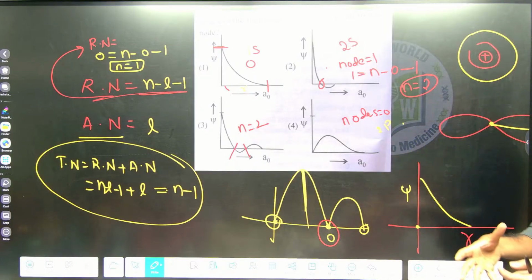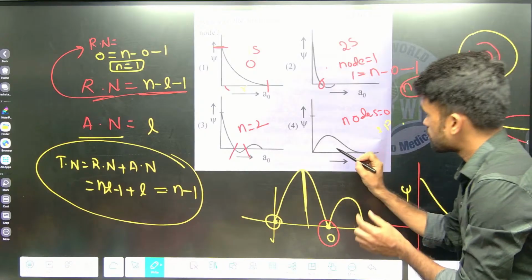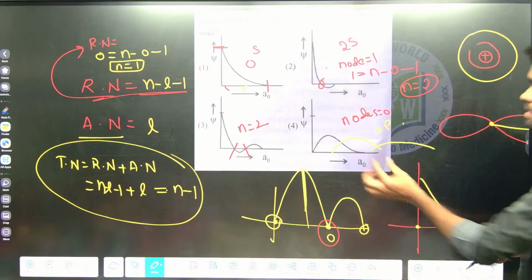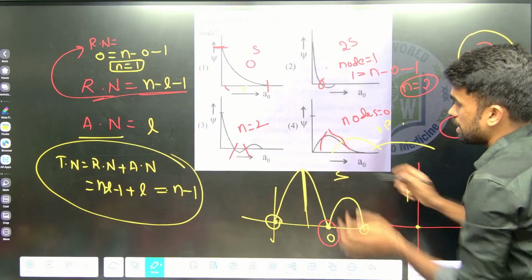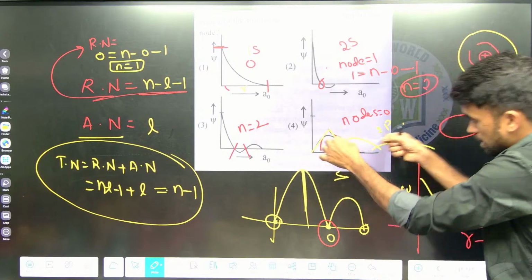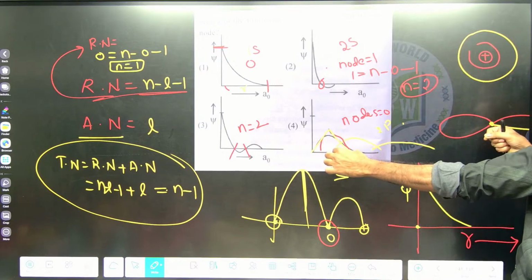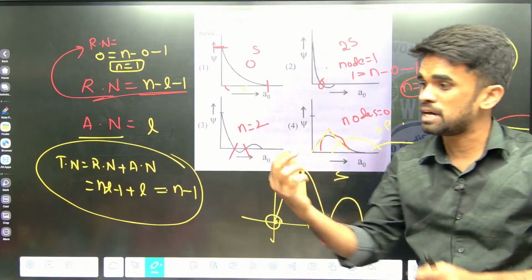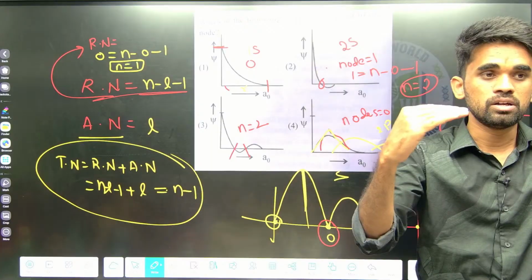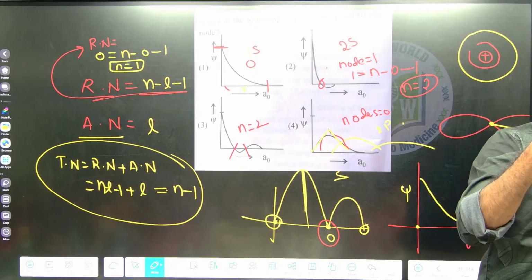Now, sir, how can we tell exactly? See, like this I am writing. The peak of this curve is straight, but this is expanding, and this is still more expanding. It means for a p orbital the peak will be sharp, for a d orbital it will be broad, and for an f orbital it will be more broad.